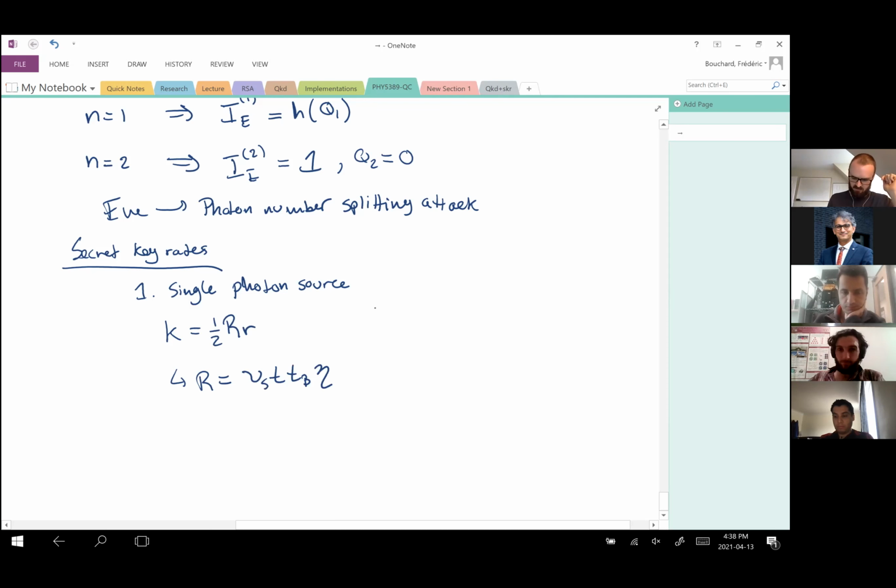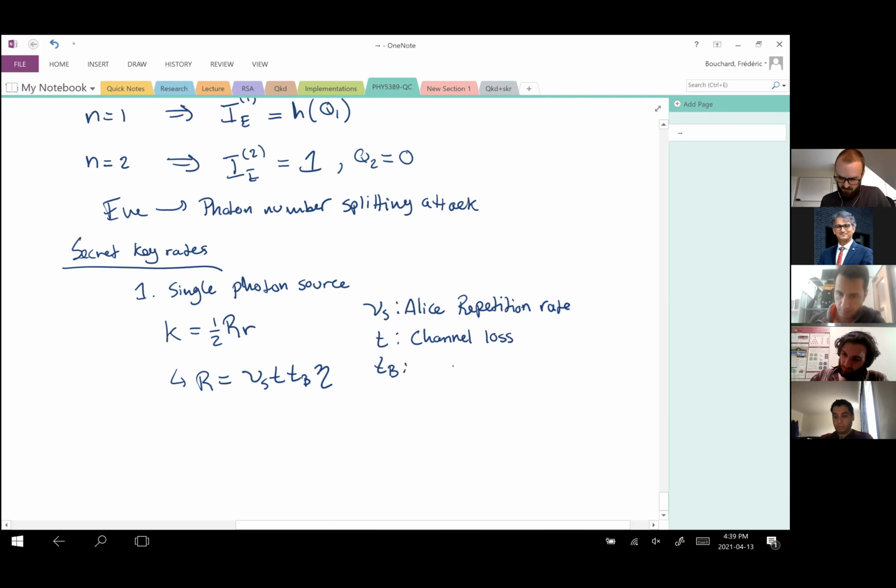So what is everything? nu_S is Alice's repetition rate, the rate at which she sends photons out of her setup. T is the channel loss, how much loss you have in the channel. I don't know, this could be 50%, 10%, anything. T_B is the detection loss from Bob. And finally, eta is the detector efficiency.